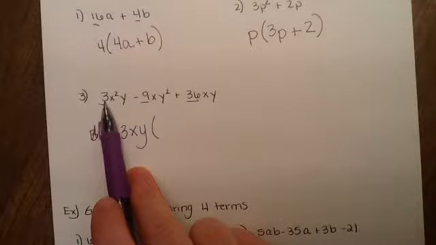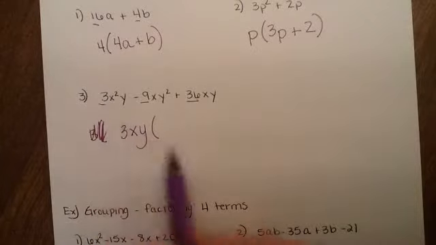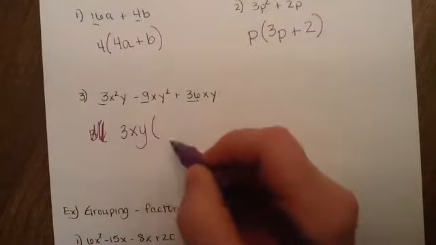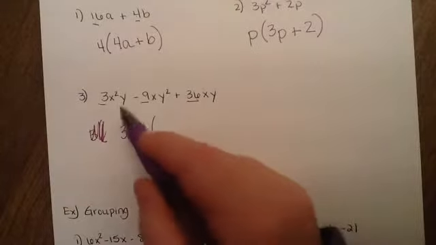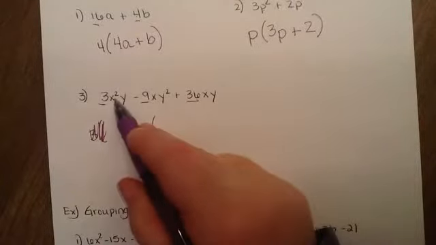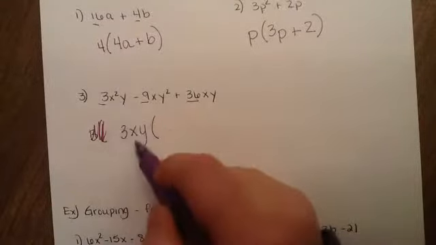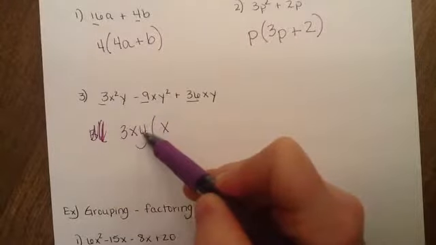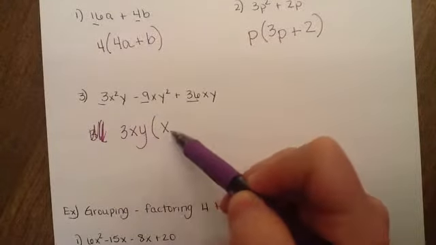So if I divide this by 3, it is 1. And I can put a 1 there, or I don't need to. I'm taking an x out. So if I have x squared, take out an x, what's left? X. And I have a y, take out a y. Do I have any y's left?